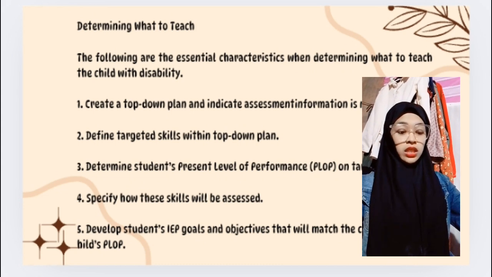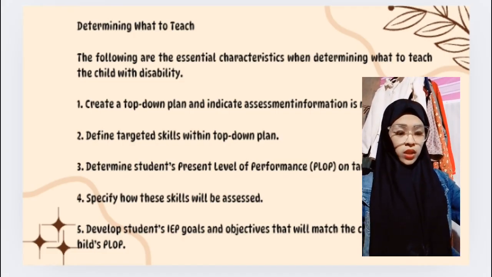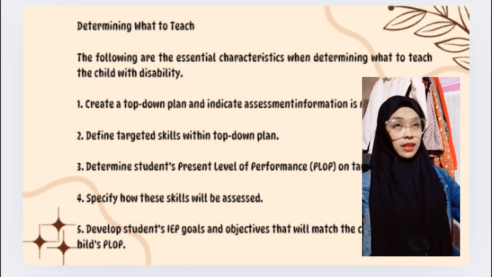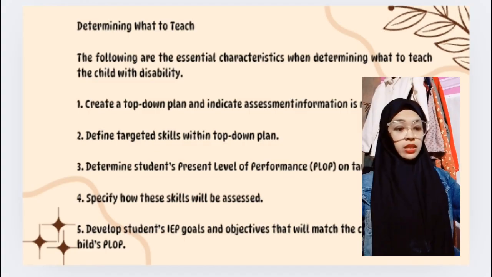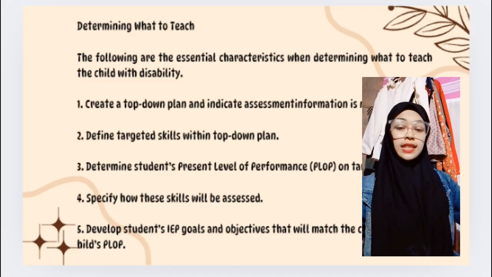Next is to determine the student's present level of performance, or PLOP. It is to assess the child's current abilities to determine their starting point. Next is to specify how the skills will be assessed. You will decide how you will measure the child's progress in each skill.